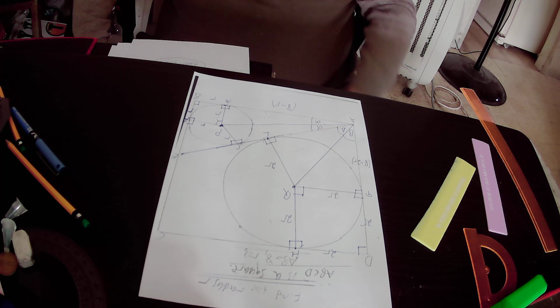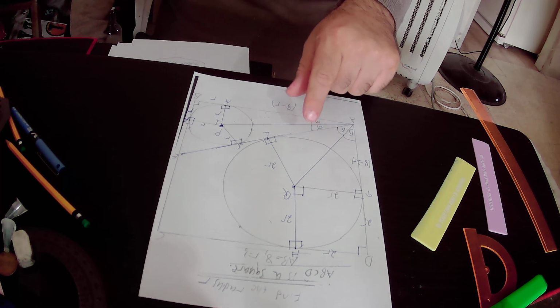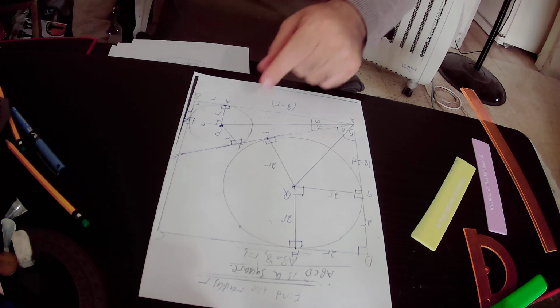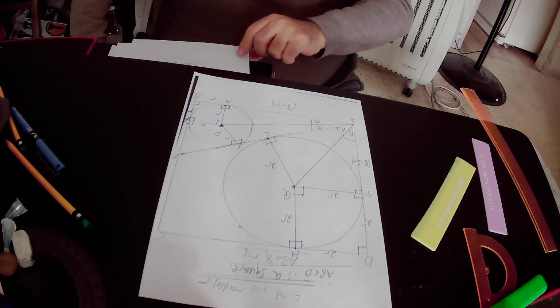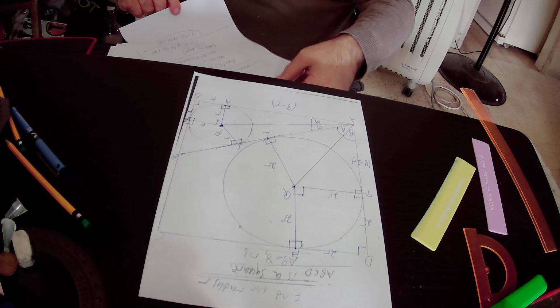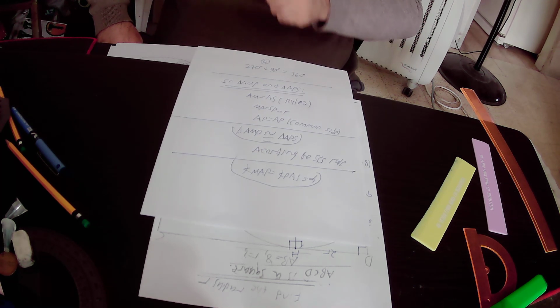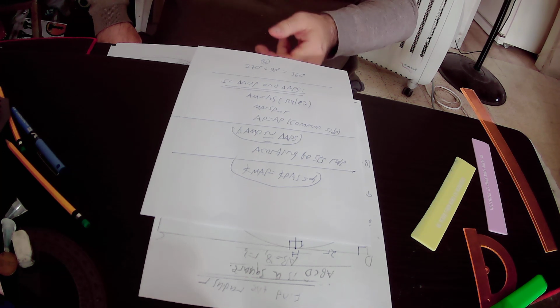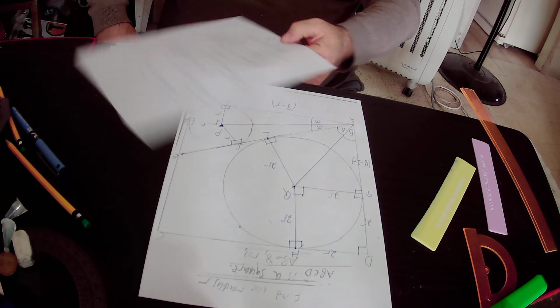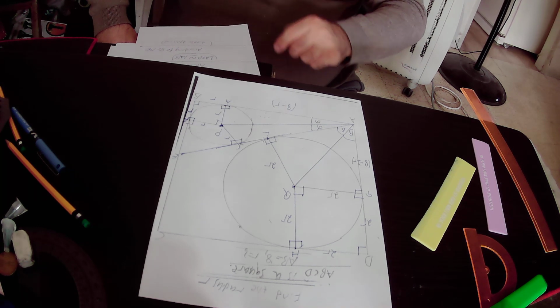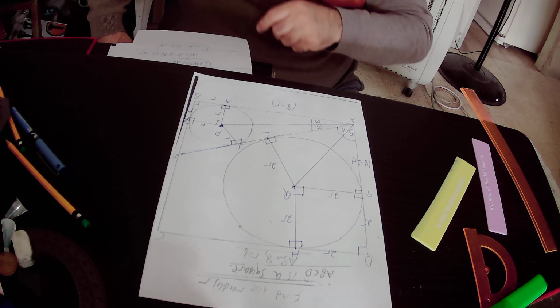Okay, then we focus on those two right triangles, and we prove that those two right triangles are congruent to each other. So we focus on the right triangle AMP and the right triangle ASP. Okay, we know that AM equals AS.